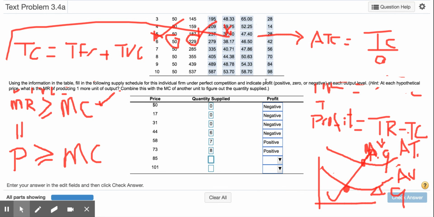So over here we produce 9 units. And notice that the price is higher than average variable and average total, which means that profit is positive. And finally, with this price, we produce 10, and the profit is also positive.